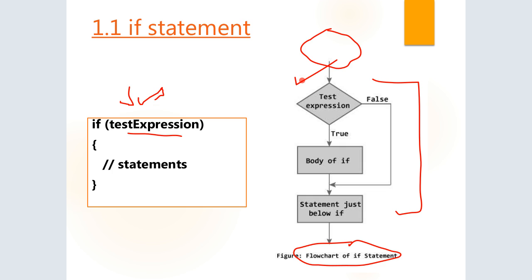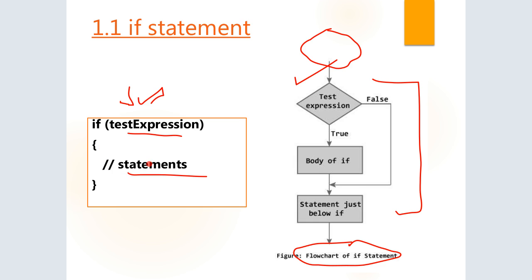And this is now the graphical representation of the flow. So you check the expression. If the expression is true, you execute some statement or the body of the if. The statements are here, enclosed within the two curly brackets.